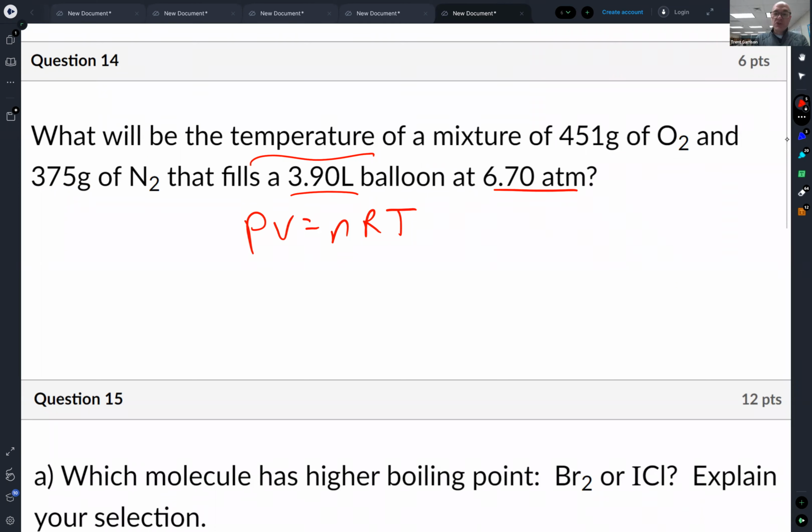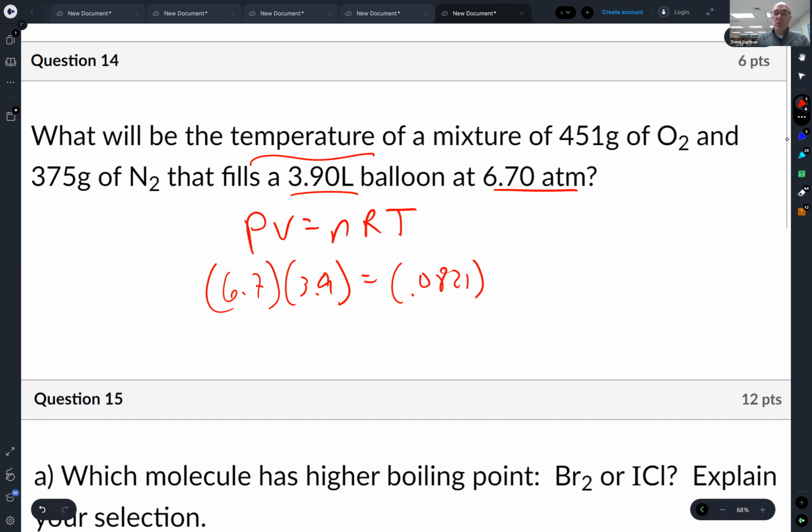So I've got a pressure of 6.7. I've got a volume of 3.9. I don't know the moles yet, but I'm going to calculate that. My R value, since I am in ATM, is 0.0821. My temperature is what I'm looking for. So let's now solve for the number of moles.